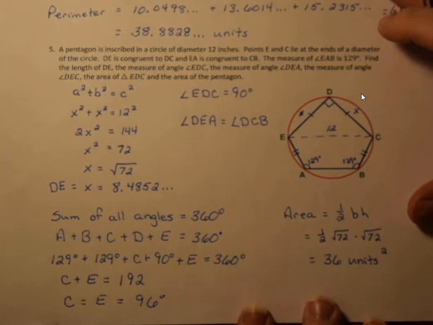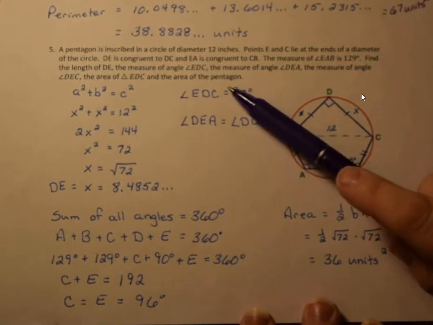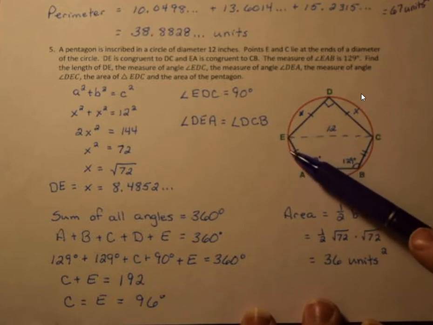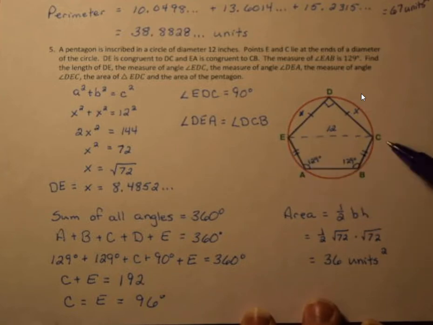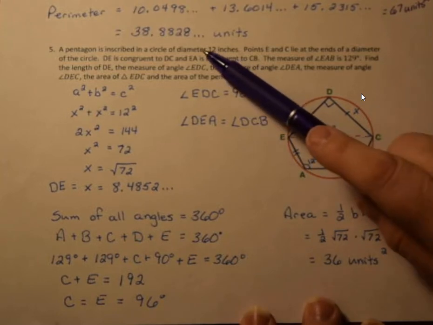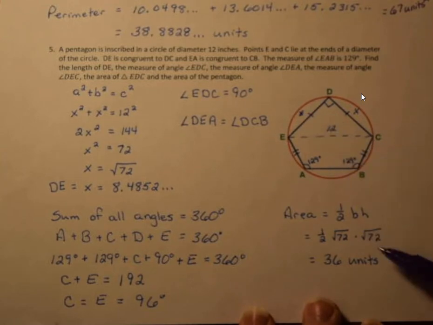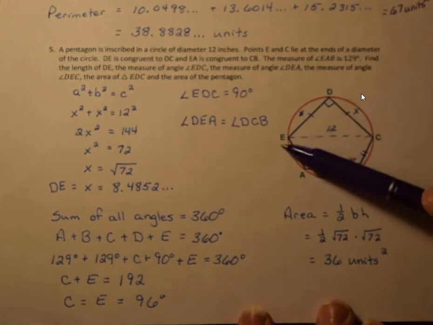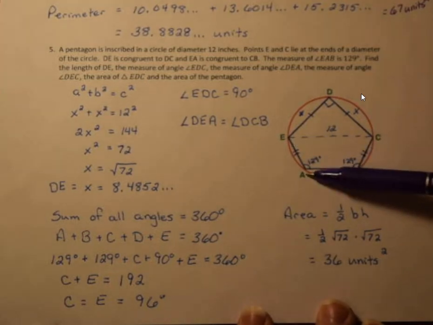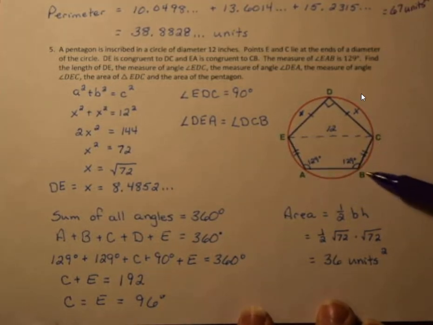Okay, this next one. A pentagon is inscribed in a circle of diameter 12 inches. Points E and C lie at the ends of the diameter. So EC would have a length of 12 inches. DE is congruent to DC, and EA is congruent to CB.